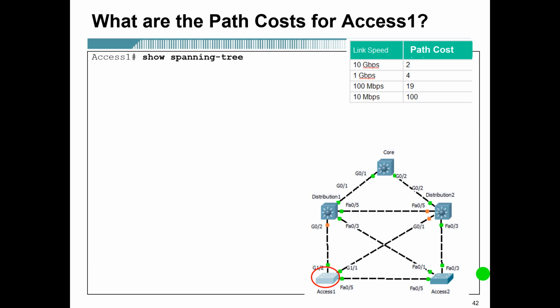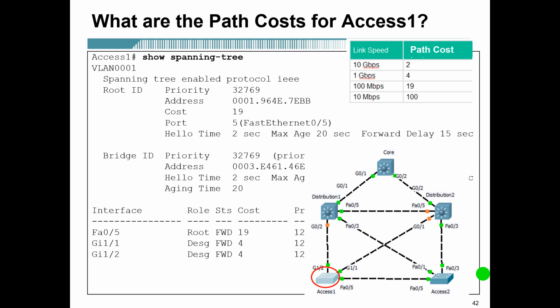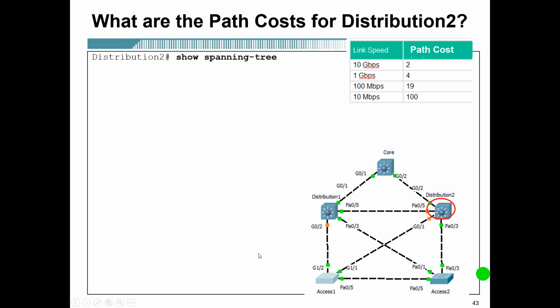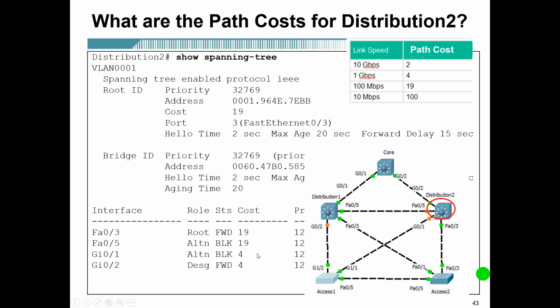What about the path cost for Access 1? It's actually going to forward out all of its interfaces to Access 2 right here. It will send the cost to our Access 2 switch. Okay, that will be a root port, while the other ones are designated ports. What about on Distribution 2?